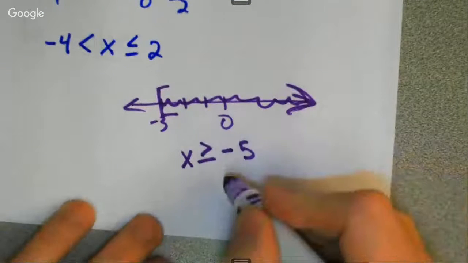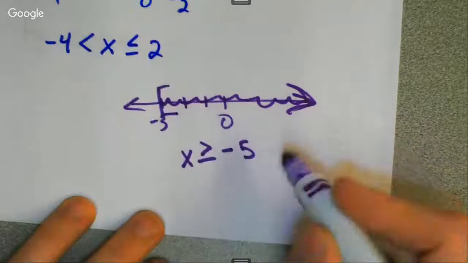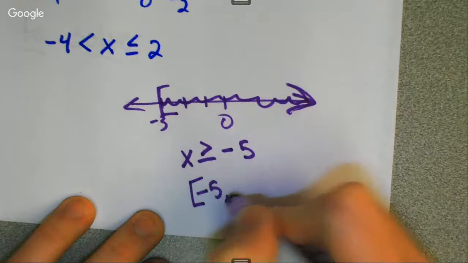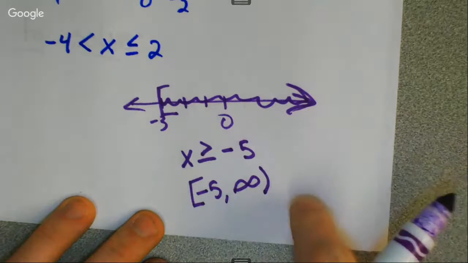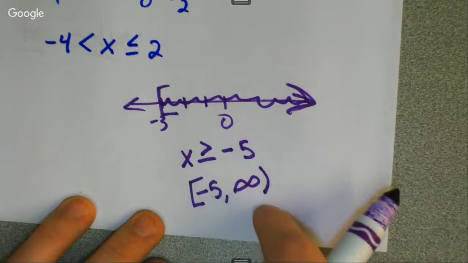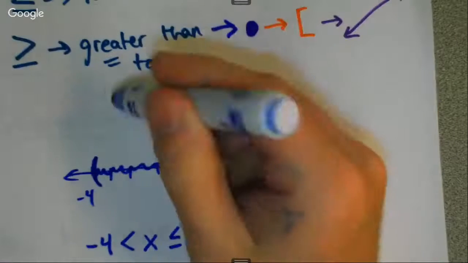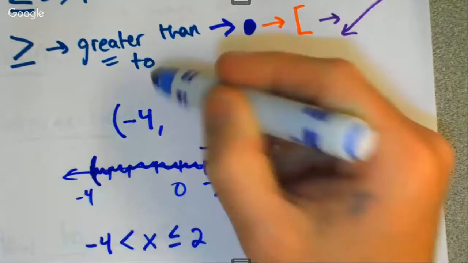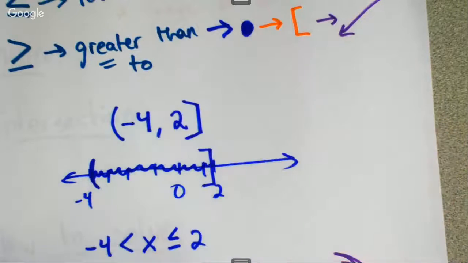But I could also write that it goes from -5 to infinity with a parenthesis. So parentheses also go with infinity as well. Up here on this one, we would write parenthesis -4, because that's what it used down here on the graph, and then comma 2 with the bracket.